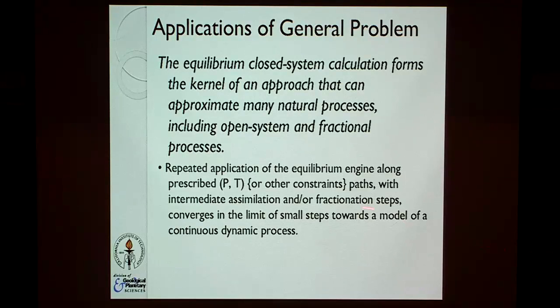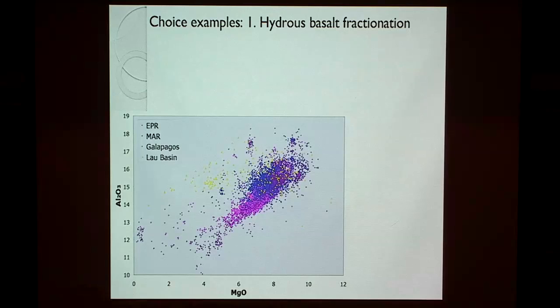Lots of processes that we're interested in you can run without doing a lot of bookkeeping because the bookkeeping is automatic. Okay? So let's look at an example of such a problem.